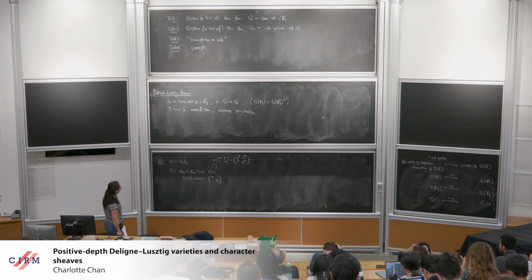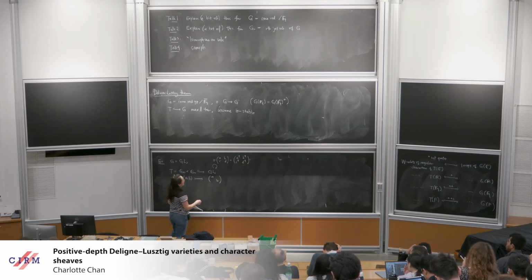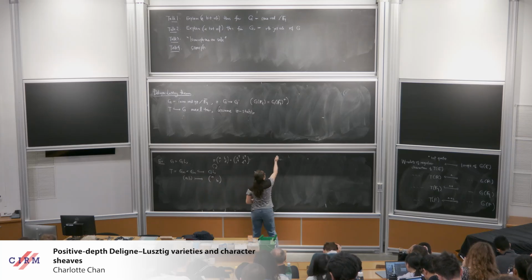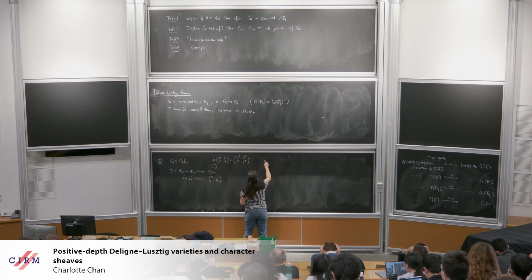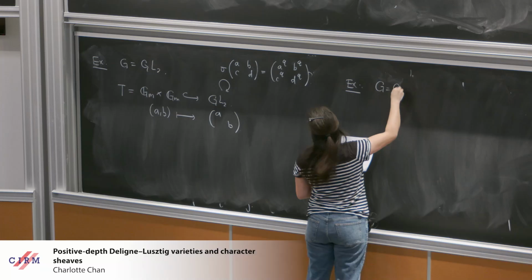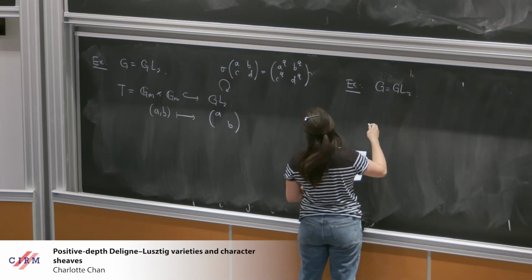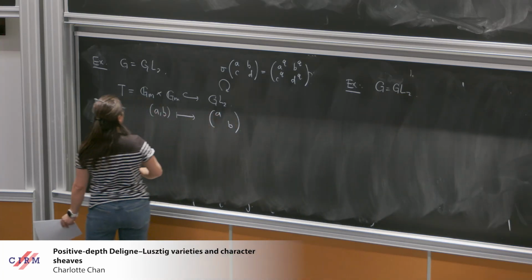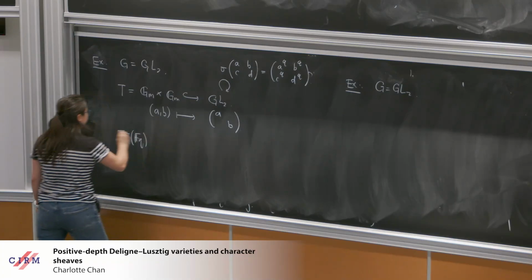And obviously this image is sigma stable. But the other thing that I can do is the following. Again, GL2. What is T of F_q then?